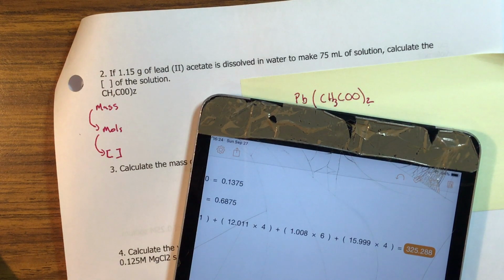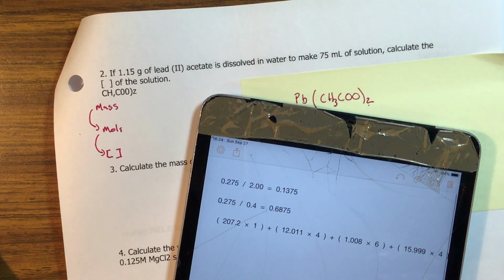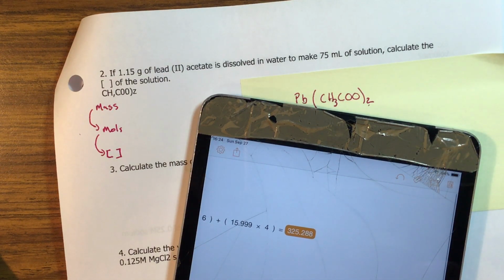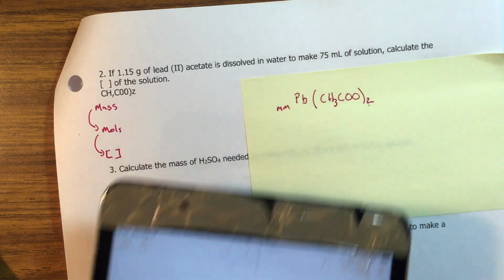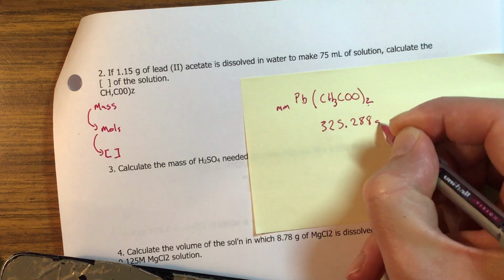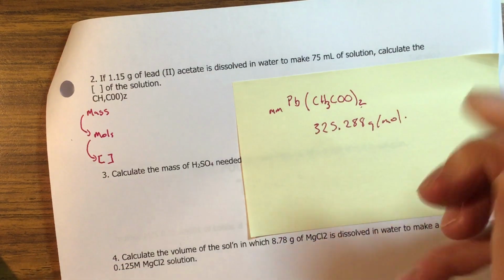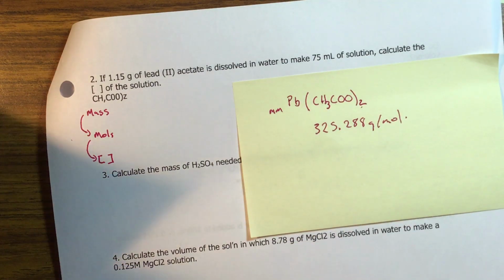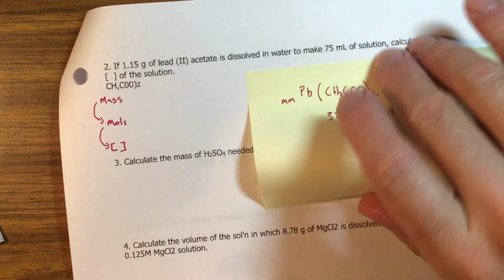Now see on my calculator, I just made it in one big long expression, 325.288 grams per mole.